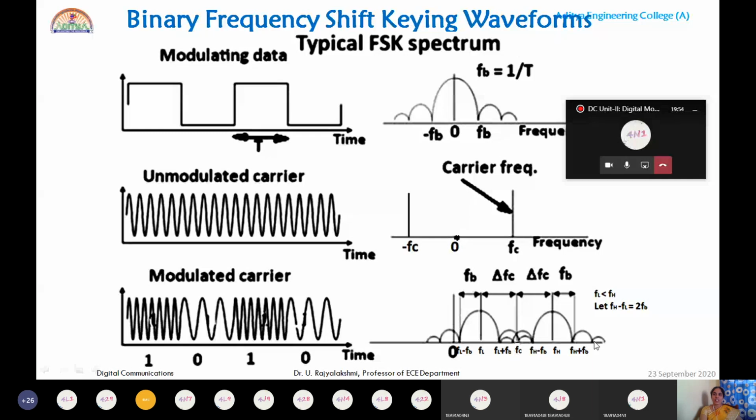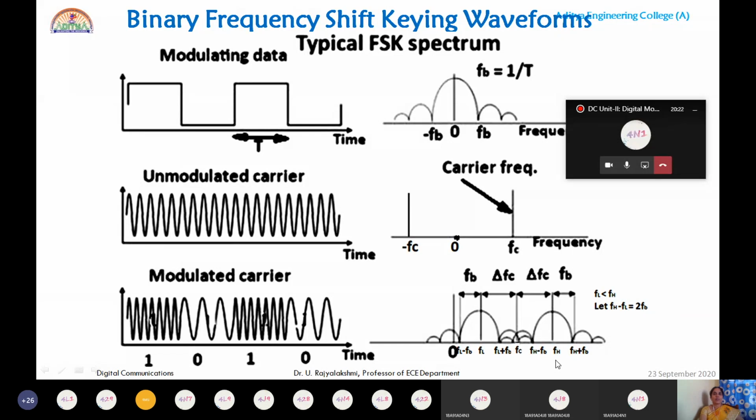Now please observe this carefully. For evaluation of bandwidth, you need two things: what is the lower cutoff frequency and what is the upper cutoff frequency. Please observe the spectrum carefully and tell me what is the lower cutoff frequency and what is the higher cutoff frequency of the FSK signal.